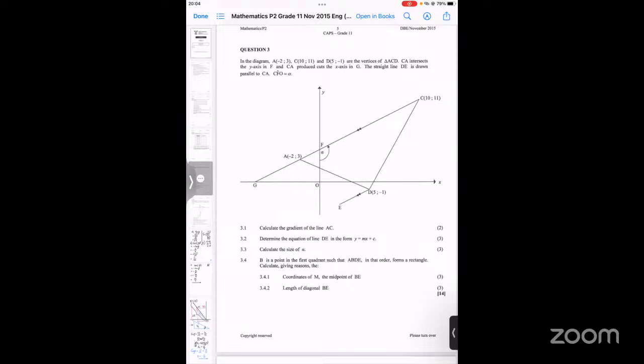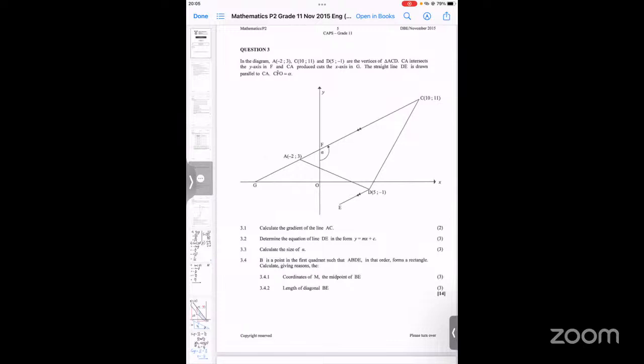Okay, so question number 3. In the diagram below, A has the coordinates (-2, 3), and we also have C being (10, 11), and D being (5, -1). These are the vertices of triangle ACD.